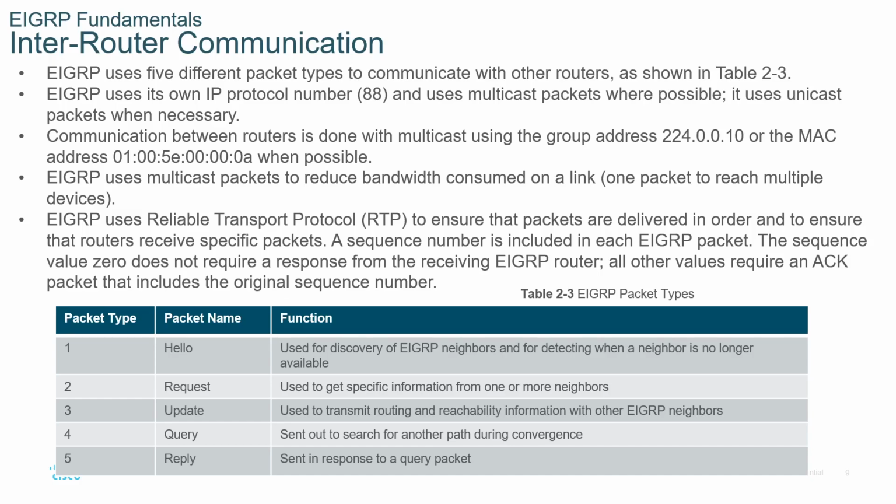So what are the five packet types? The primary one, number 1, is hello. This is the protocol message type that discovers our neighbours and keeps track of whether the neighbour is still available or not. So this is our constant messaging that is sent out to monitor our neighbours.